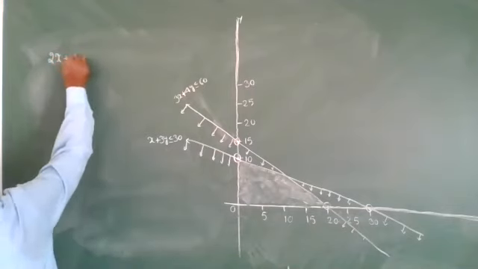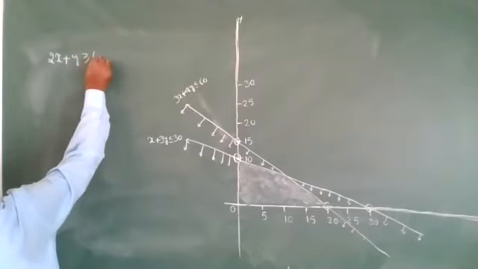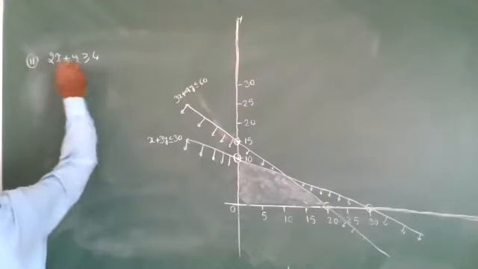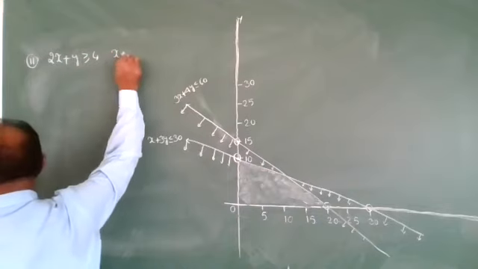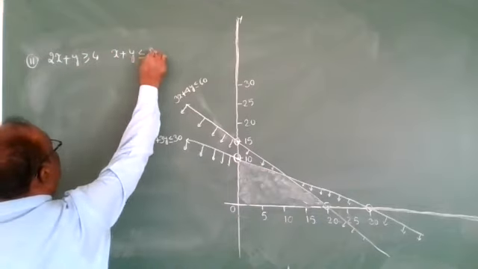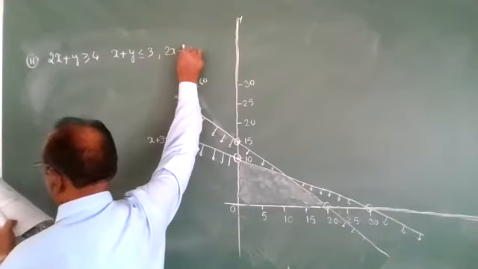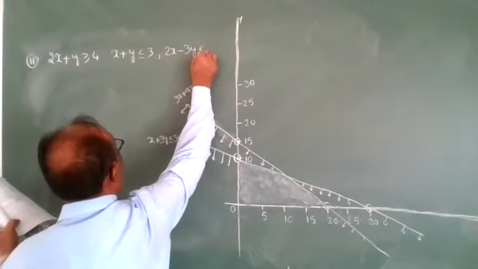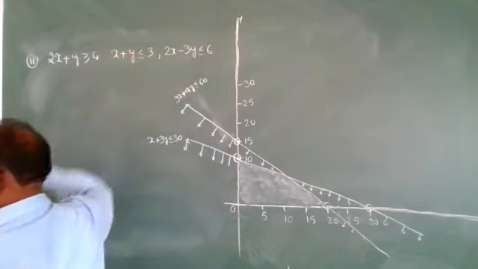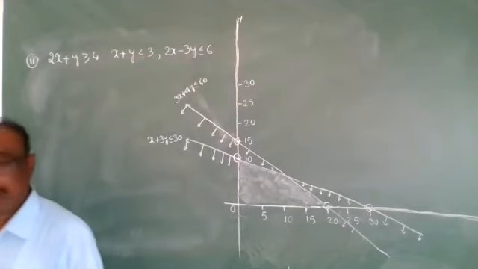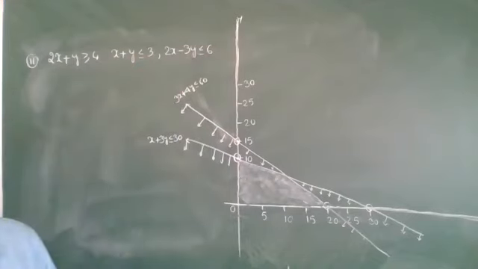2x plus y greater than or equal to 4. x plus y less than or equal to 3. 2x minus 3y less than or equal to 6. Work out, everyone, fast.